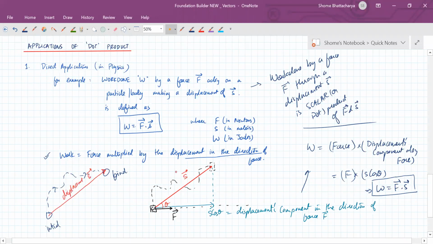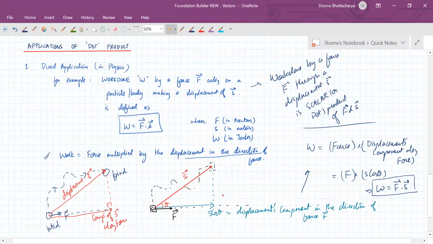Yes. Now, while this displacement was happening, let us say the force that we were applying was acting in this direction. So, what about the work done by the force? It will become the force multiplied by the component of displacement along the direction of force. So you have to drop a perpendicular here, and this will become the component of displacement along the force.